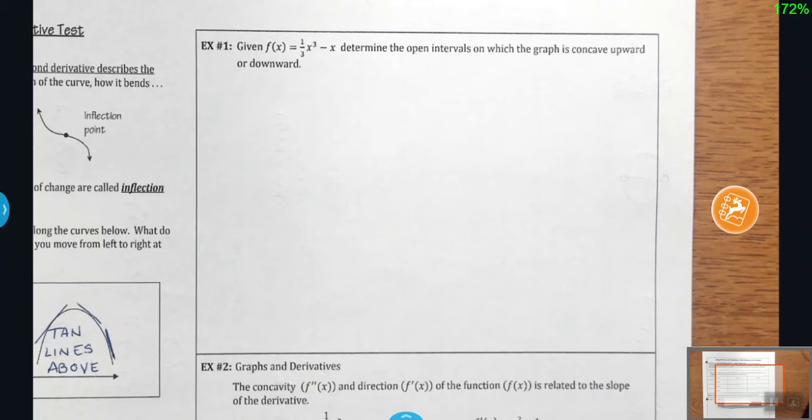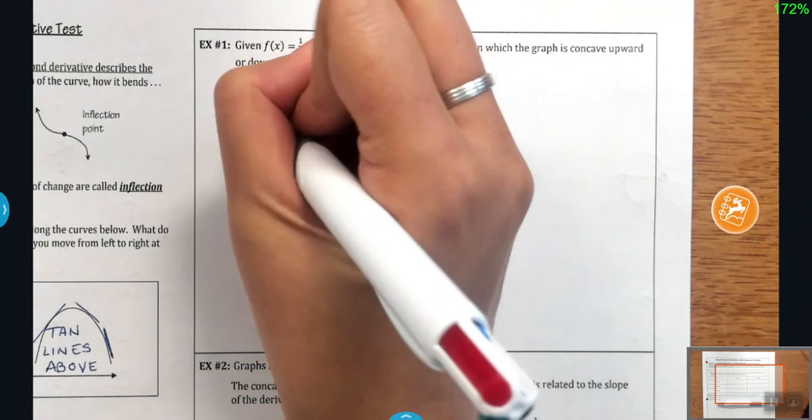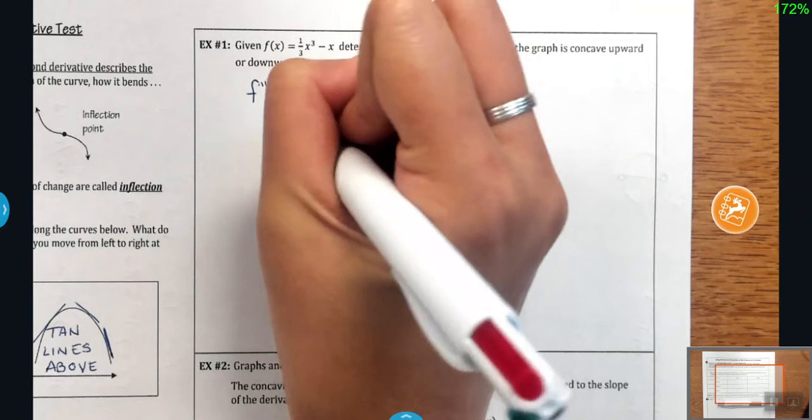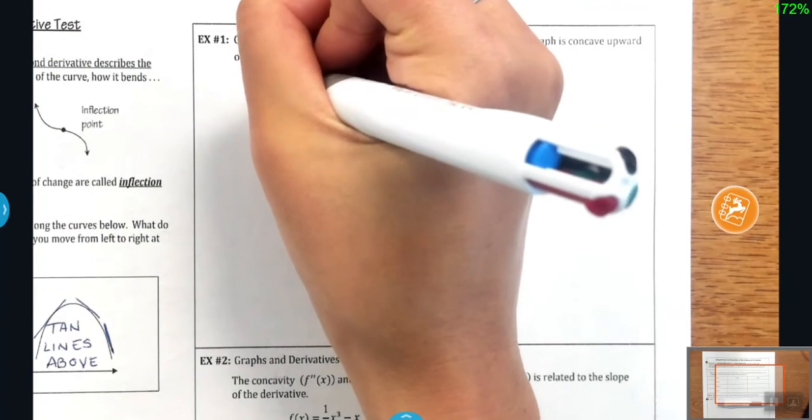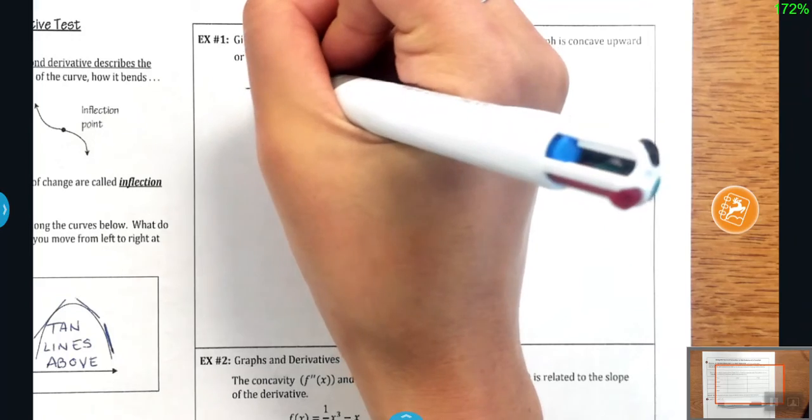Okay. Given f of x equals 1/3 x cubed minus x, concave up or down. So we need to find the second derivative, right? So first, actually we have to find the first. I'm ahead of myself.